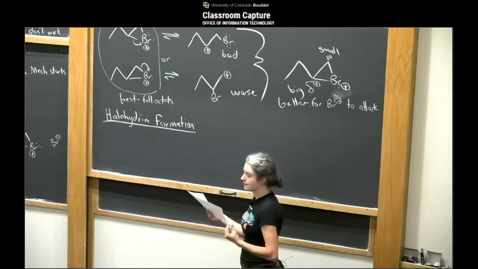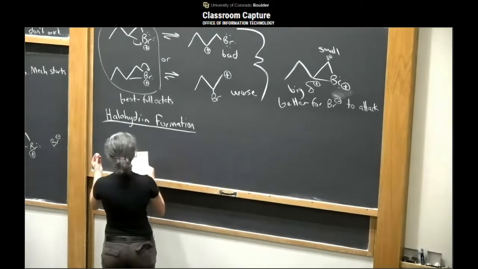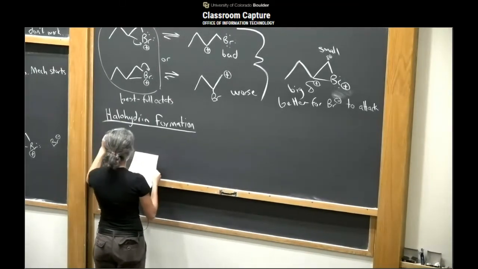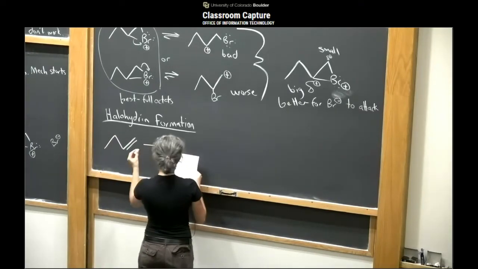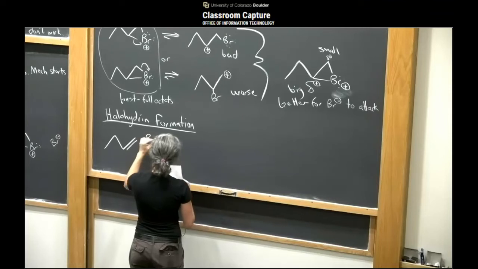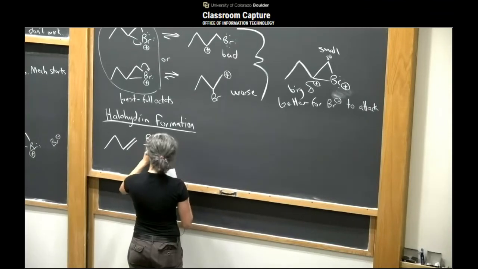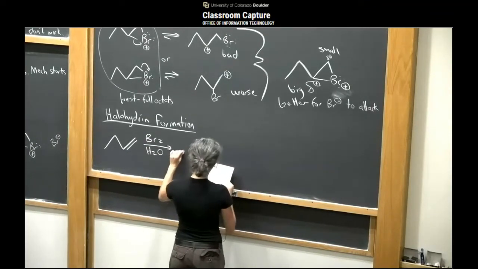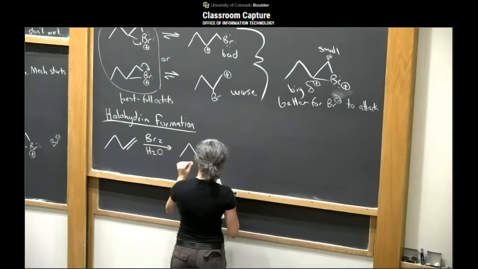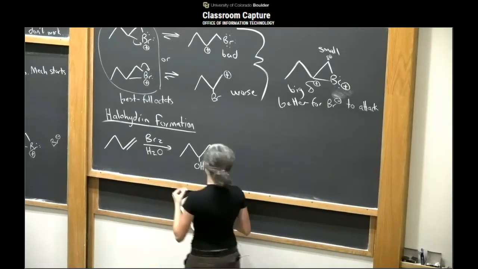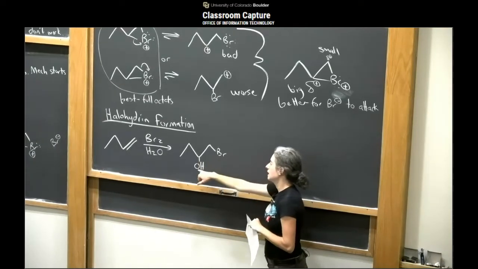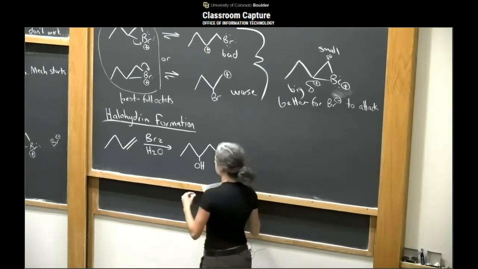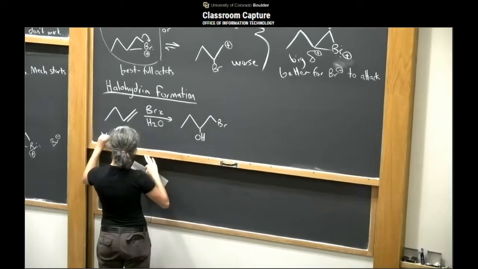Turns out those are actually exactly the 2 reagents that we need to show on the arrow here. So we take an alkene and we could, for example, use Br2 in water. And we're going to end up adding whatever halogen to the less substituted carbon and an OH group to the more substituted carbon.